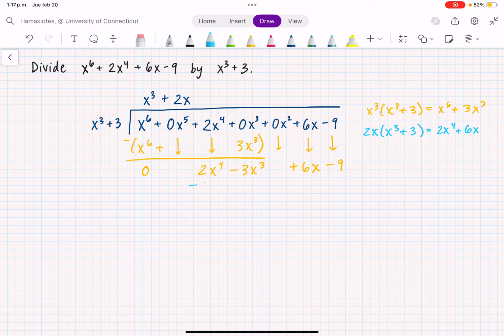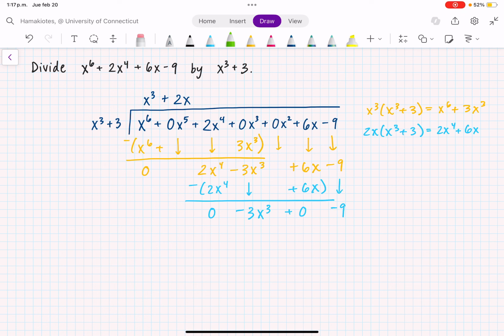So I'm subtracting 2x to the 4th plus 6x. What does that give me? 2x to the 4th minus 2x to the 4th is 0. Now there's no x cubed term, so this is just minus 3x cubed. Now I have 6x minus 6x, so that's 0. And then I have to bring down the minus 9.